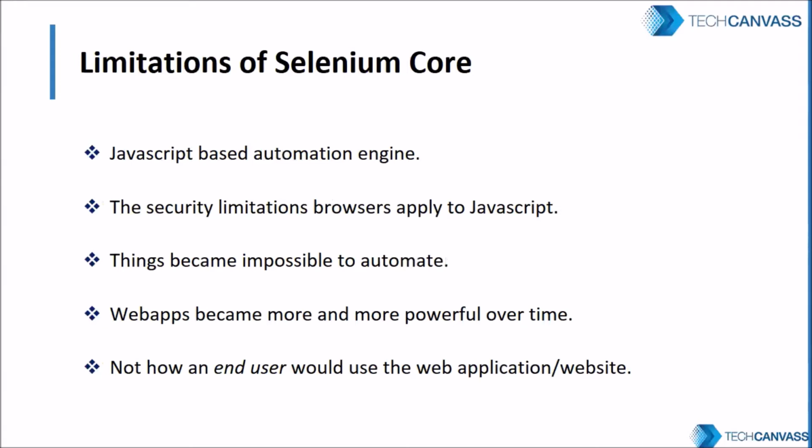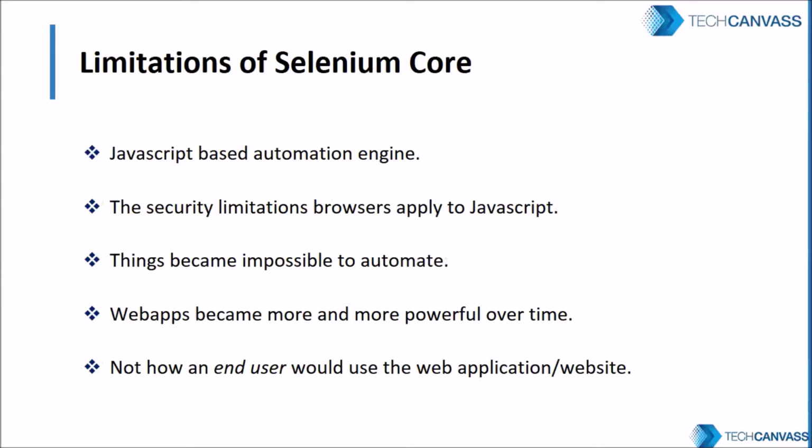While logging in, Selenium was injecting a JavaScript, or running a JavaScript, to enter the username, running a JavaScript to enter the password, and running a JavaScript to click on the login button. So this was essentially a set of JavaScripts getting executed on the web application in order to execute the tests. This is how Selenium Core used to work.